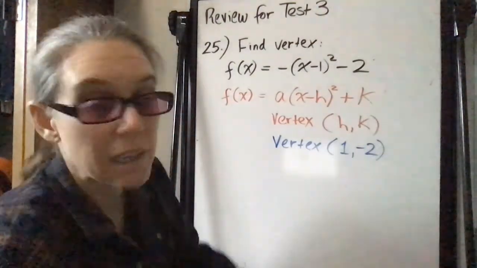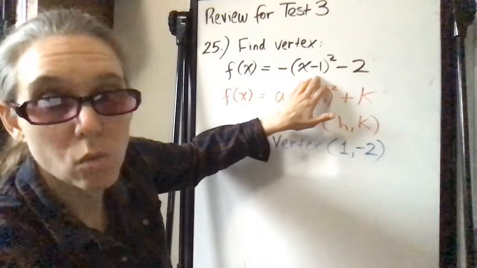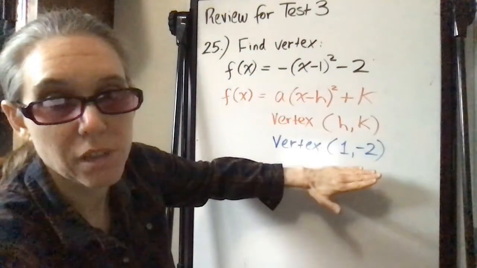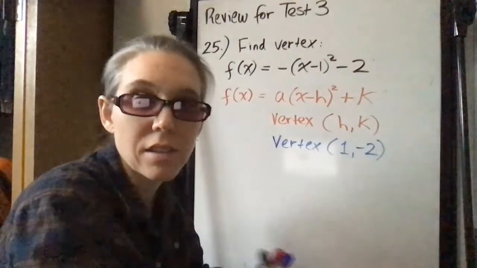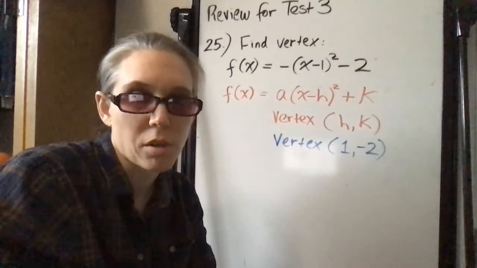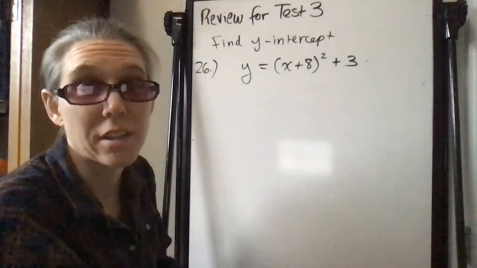Another way you can do it is to say that this parabola has shifted to the right 1 unit and down 2 units, giving you a vertex of 1, -2. So make sure you use parentheses, have your correct notation. All you have to do is put your vertex in. There's no work required.